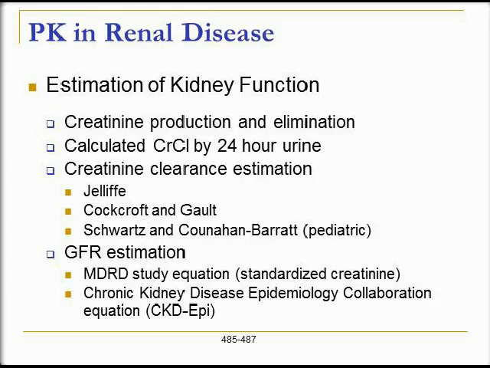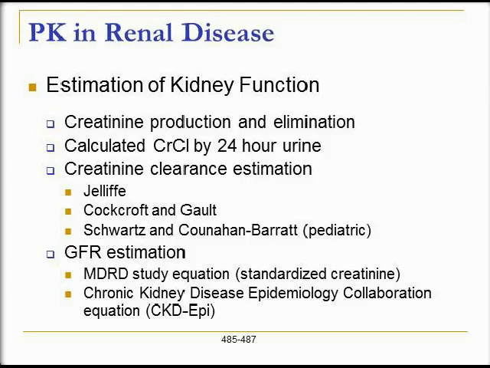And so ideally, in order to calculate a creatinine clearance, we like to do a 24-hour urine. But as I'm sure you're all aware, getting a 24-hour urine can be difficult at times. Even in the hospital, it can be difficult. So instead, we do things that are quicker and easier, and those are estimates of creatinine clearance.